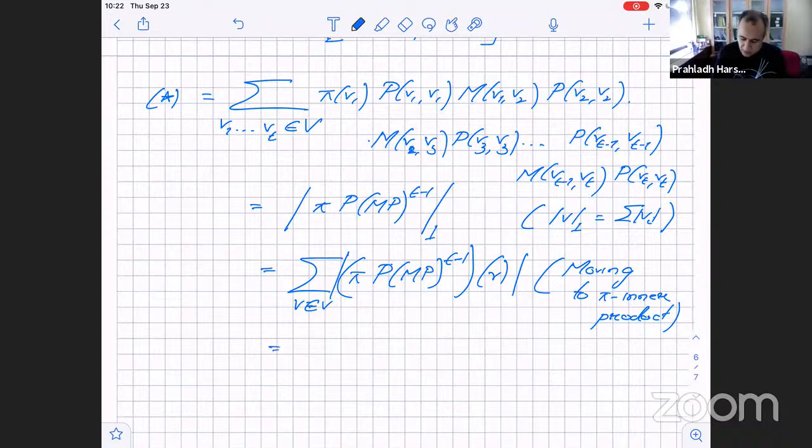By the way, everything is positive, so I don't need the absolute value. This is exactly pi PMP to the T minus 1, 1. If you open this out, you'll notice this quantity is exactly the other quantity.